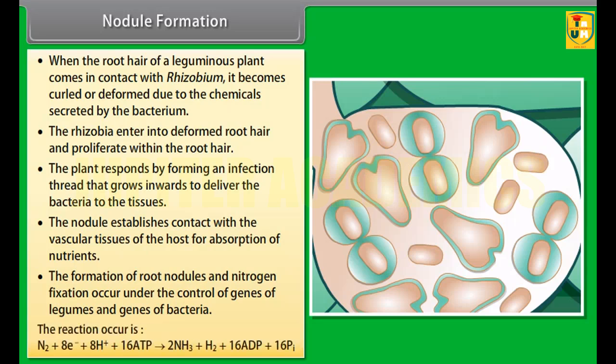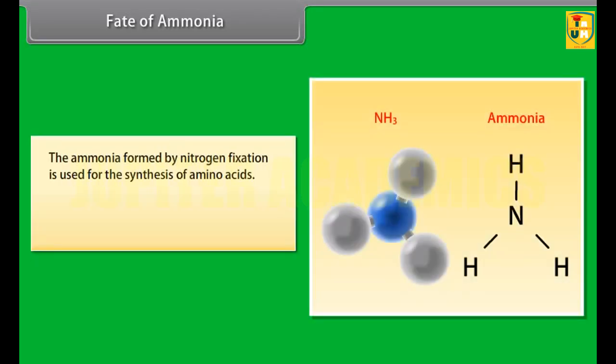The reaction that occurs is: nitrogen + 8 electrons + 8 hydrogen ions + 16 ATP gives 2NH3 + hydrogen + 16 ADP + 16 Pi. Fate of ammonia. The ammonia formed by nitrogen fixation is used for the synthesis of amino acids.